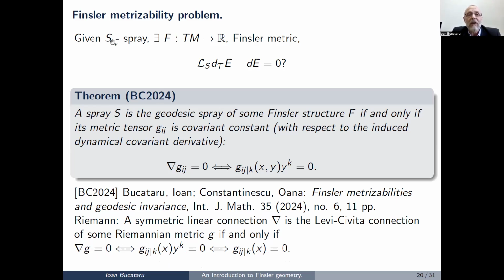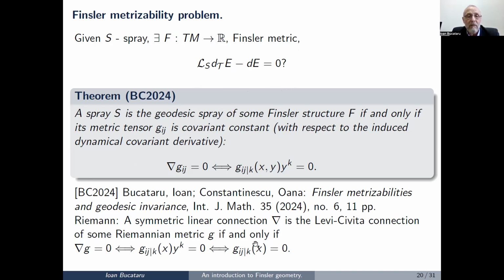So I will go back to the Finsler geometry. I have a system of second order differential equations, that means a spray. And I want to find out if that spray is the geodesic spray of some Finsler metric. In other words, I want to find out if there is a Finsler metric, that means its energy, that satisfies this Euler-Lagrange equation.